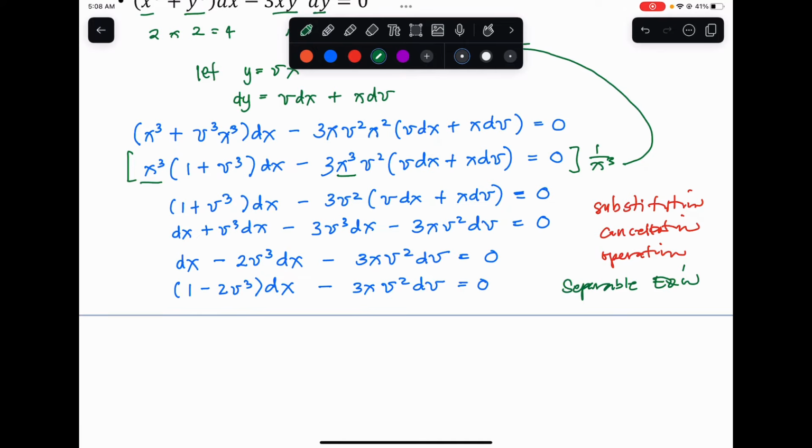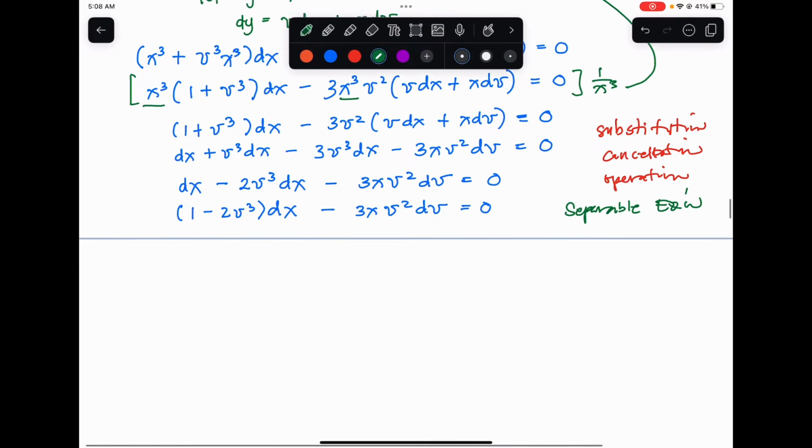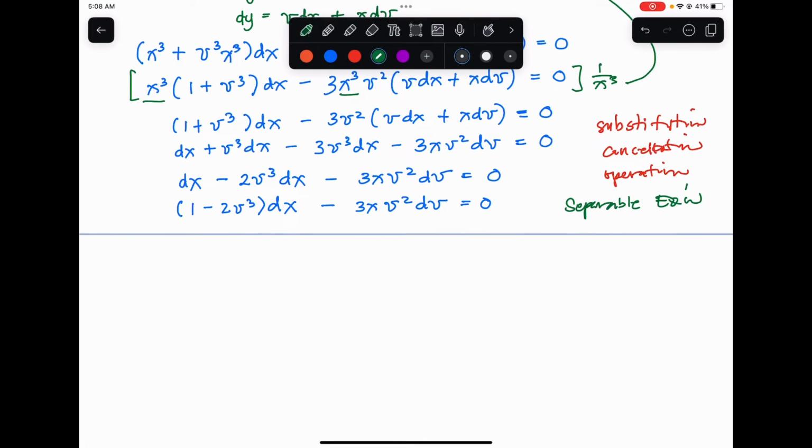Meaning we can now separate the variables. How do we separate it? This is dx, so what should be multiplied here is dx. And this is dv, so what should be multiplied here is just dv. What is in excess with dv is x, and what is in excess with dx is 1 minus 2v cubed.